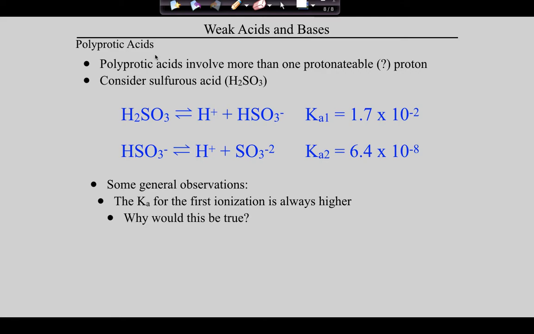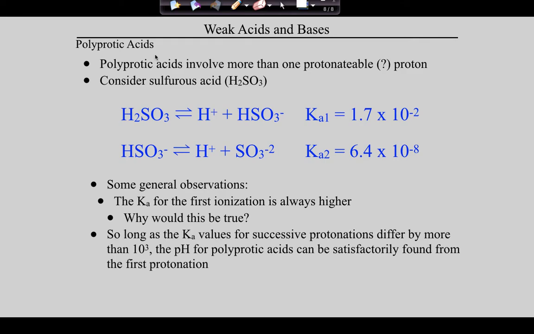For now, we're going to understand that being a function of the charge of the ion that's left after the first protonation. On Tuesday, we're going to talk more about what actually determines the value of Ka. You're going to find out that it's the polarity and the strength, but there are other factors that we'll talk about Tuesday.